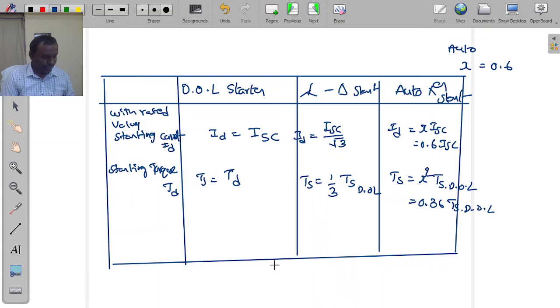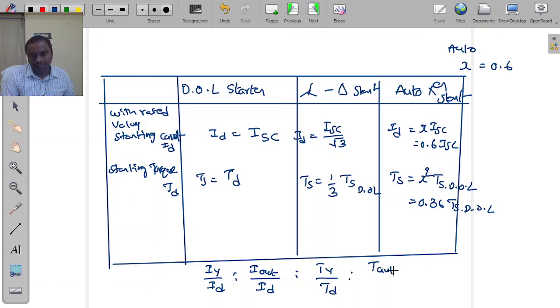Now what they are asking is current with star delta start with the direct DOL start. Similarly, current with the auto transformer with a direct DOL start. Starting torque with a star delta starter with a direct DOL start.